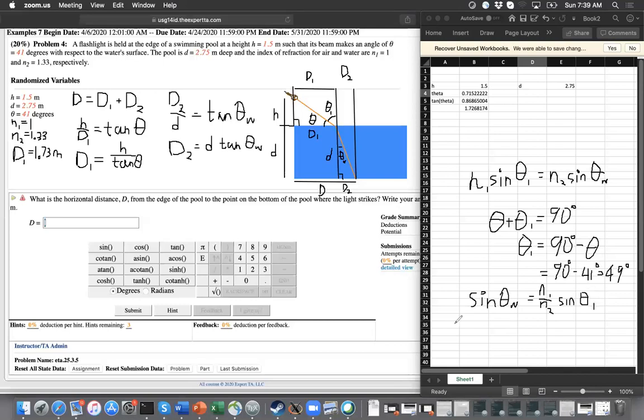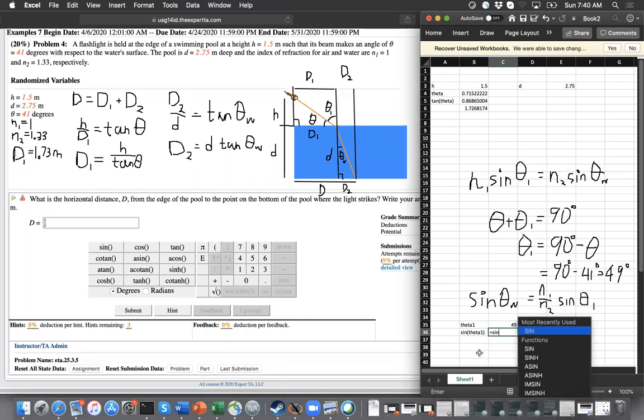We'll do that down here. So now we just note, theta 1 is 49 degrees. Sine of theta 1 is going to be sine of this thing times 3.14 over 180.